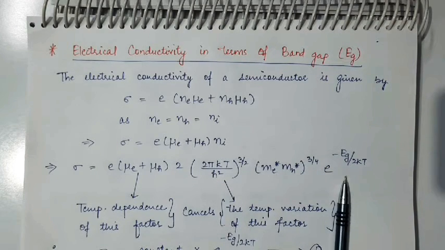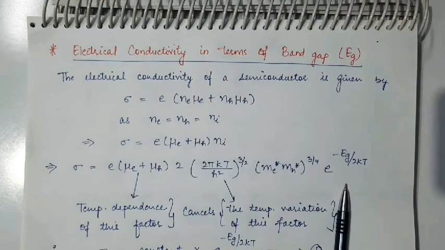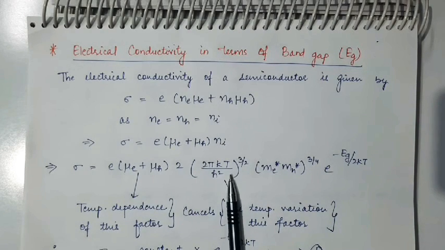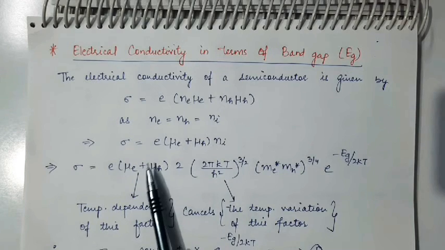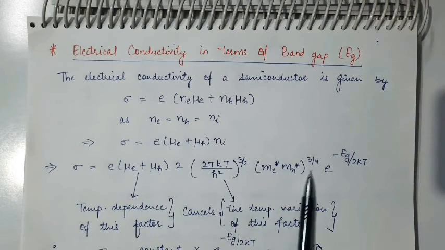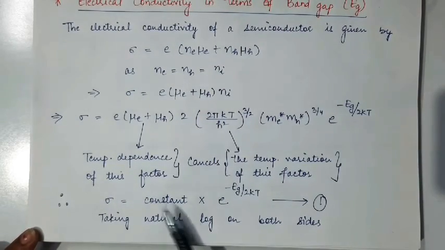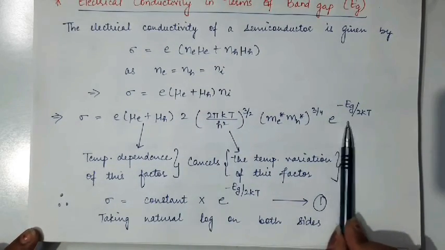So in case of conductivity, this exponential factor dominates over these two factors. The effect of these two factors will be cancelled out, it means all these terms can be taken as constant. So our sigma can be written as constant into this term.